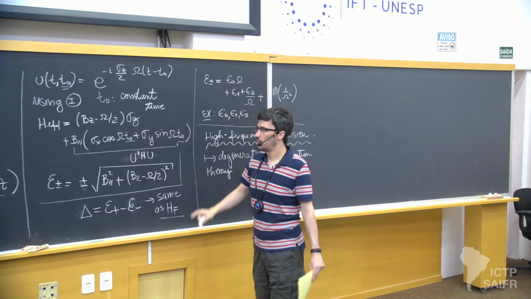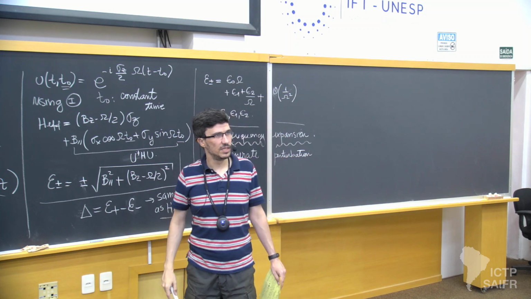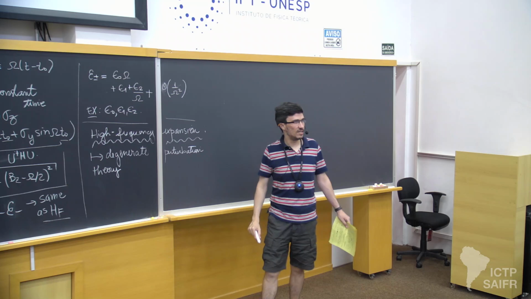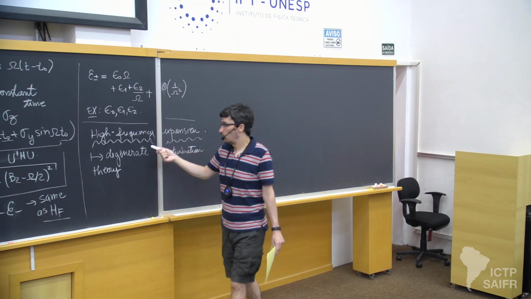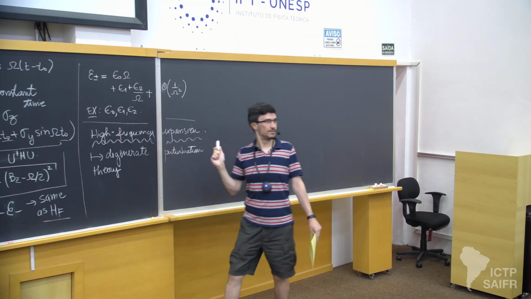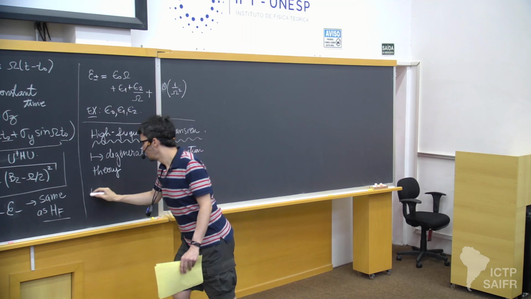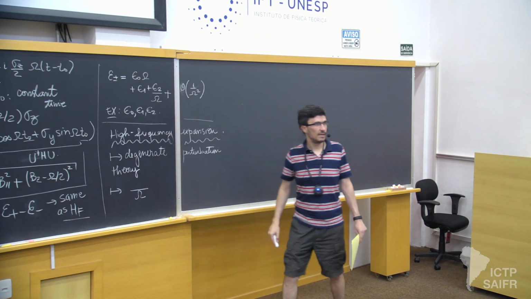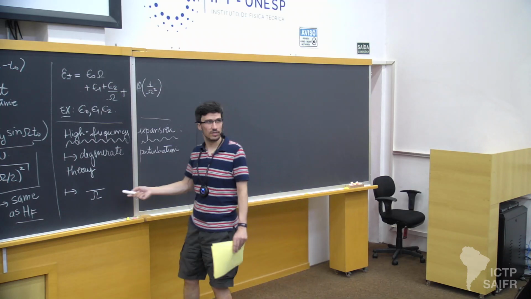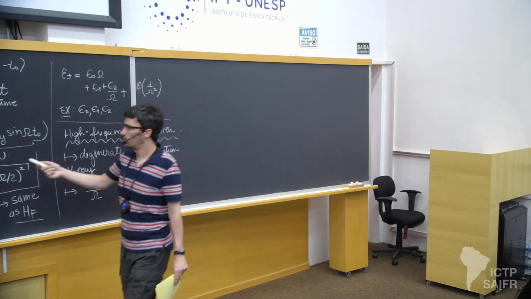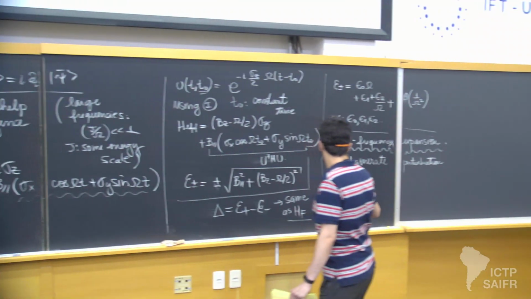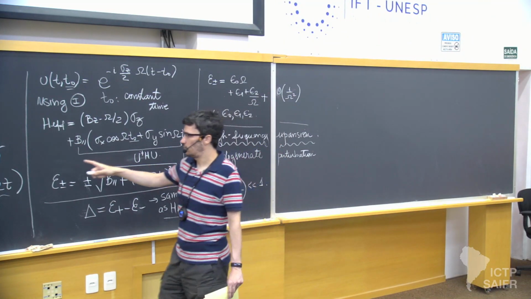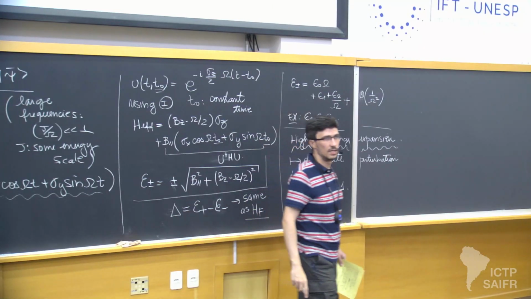And again, when we are going to do perturbation theory, we need a small parameter. So for the high frequency expansion, as the name suggests, the small parameter is the inverse of the frequency. So 1 by the frequency is a small parameter, but obviously this is not dimensionless, so this is not a legit small parameter. So the small parameter is going to be, again, this J significantly less than 1. And I already defined J here, I will not do it again. J is a generic number.